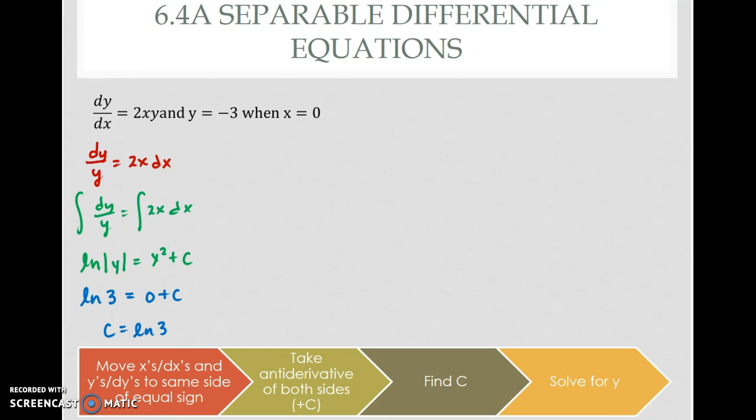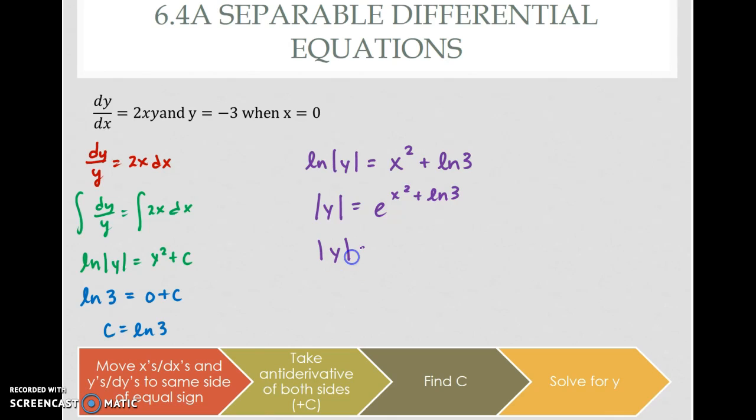And then I have natural log of the absolute value of y is equal to x squared plus natural log of 3. So the absolute value of y is equal to e to the x squared plus natural log of 3.